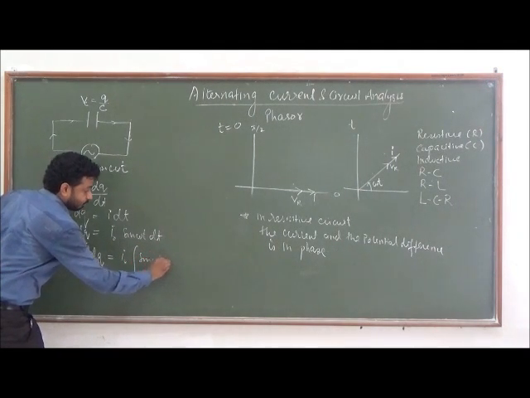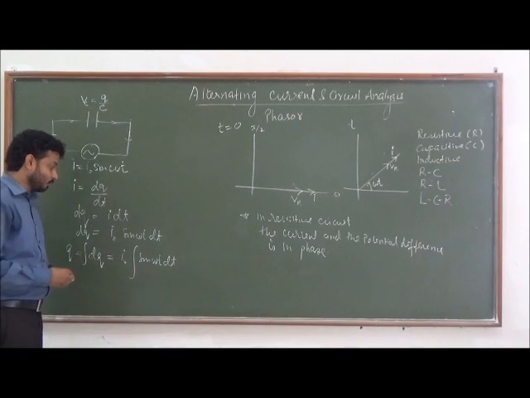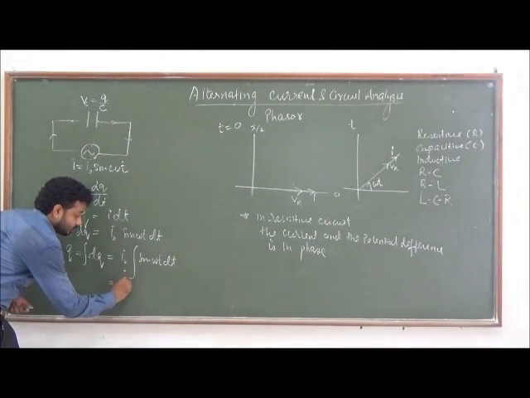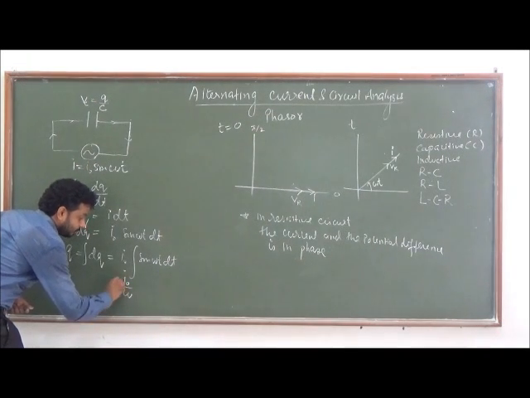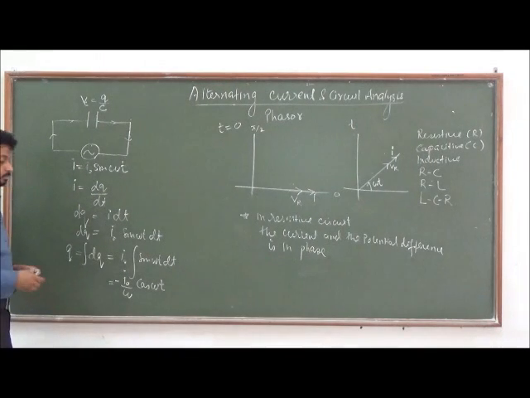So the integral form looks like this. Now we know that the integration of sine omega t is minus cos omega t by omega. So I can write this as I naught by omega with a minus sign, and then cos omega t.